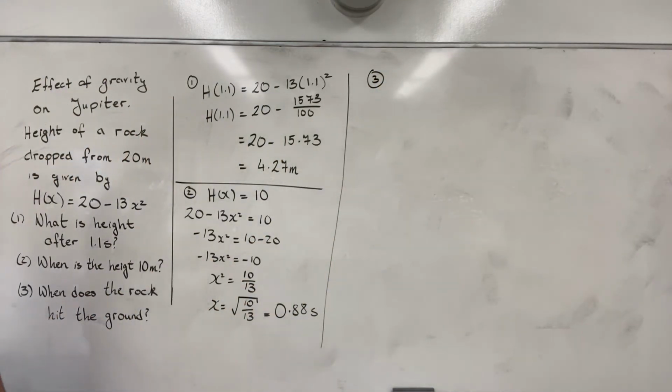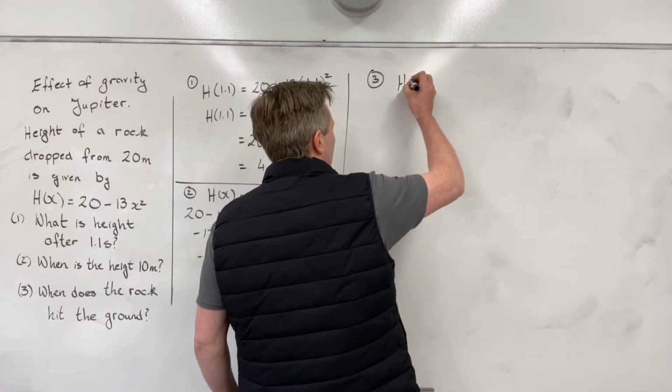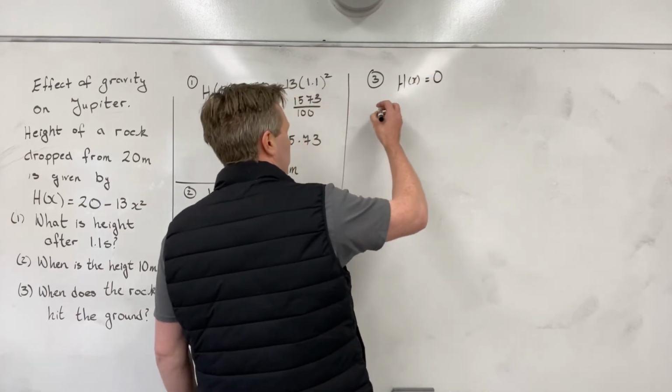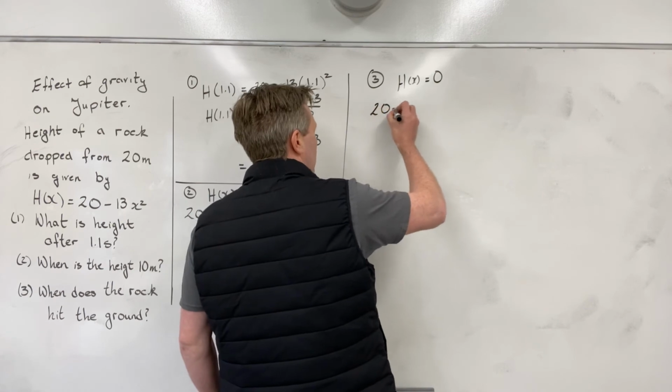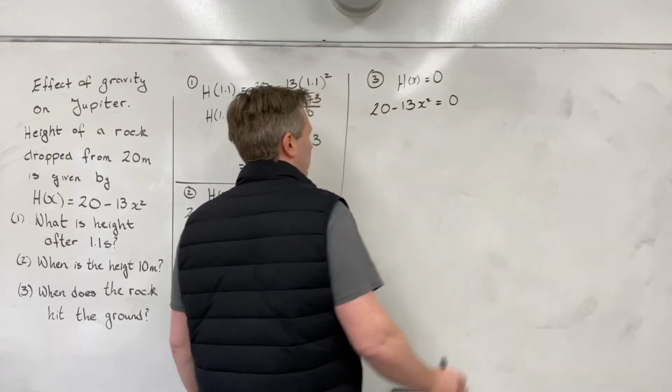Well, the rock hits the ground when the height of the rock is equal to 0. So I'm going to take my function h of x and let it equal 0, and solve for x. In other words, when 20 minus 13x squared is equal to 0.